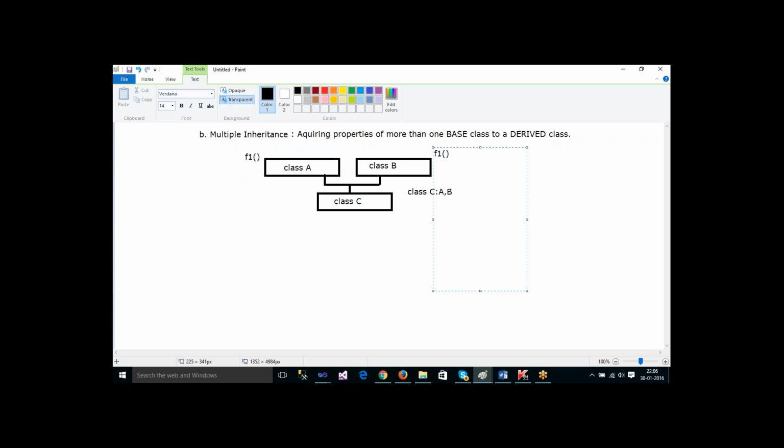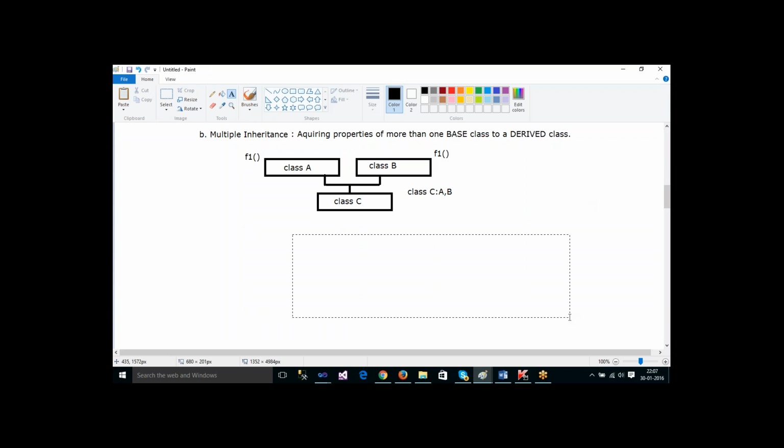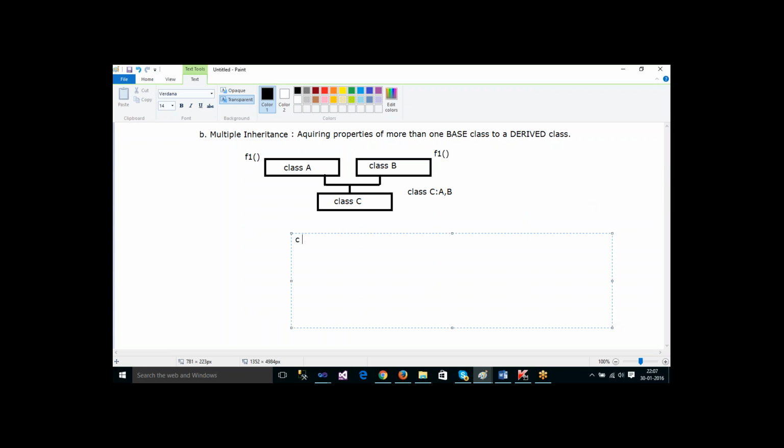Methods with the same name may exist. Now tell me, if I call C1.F1 from the object of C, which method will it execute?